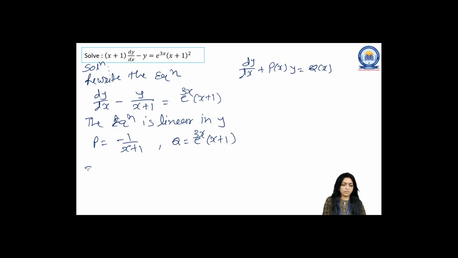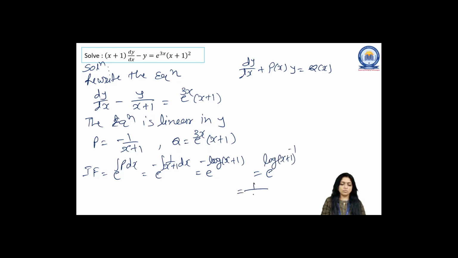So integrating factor is e raised to integral p dx. So e raised to integral of minus 1 upon x plus 1 dx. So e raised to minus log x plus 1, which is e raised to log x plus 1 raised to minus 1. So 1 upon x plus 1 is my integrating factor.